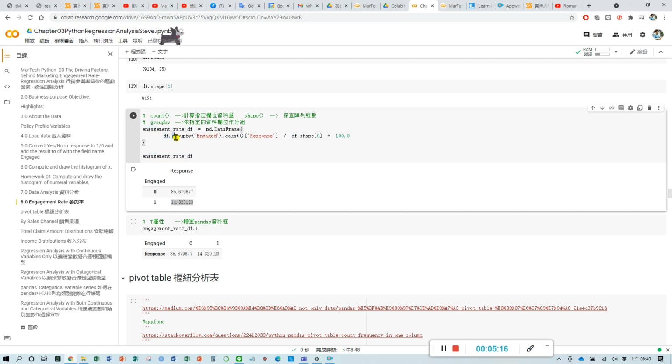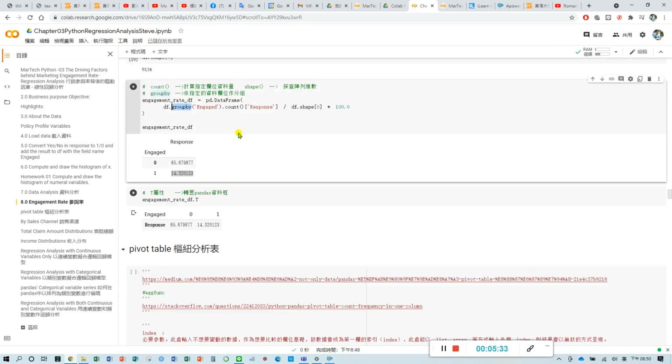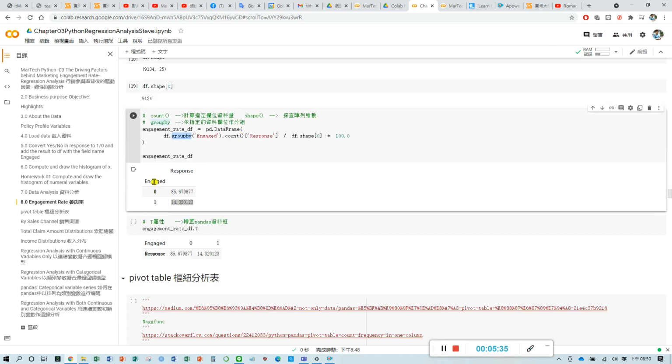Okay, it's a very useful data cleaning process. Okay, group by. Later you will find how good these commands are. Okay, so here we can calculate the engaged with 0 and 1.